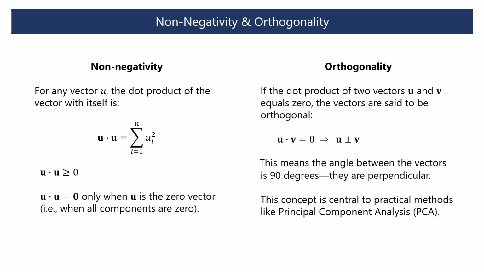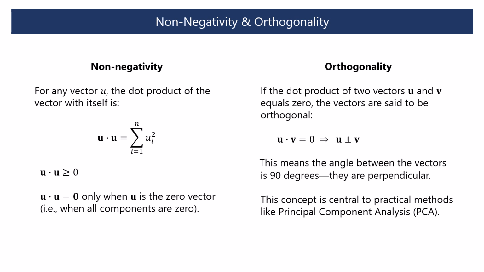Now, let's consider orthogonality. If the dot product of two vectors u and v equals 0, the vectors are said to be orthogonal. Geometrically, this means the angle between the vectors is 90 degrees. They are perpendicular.